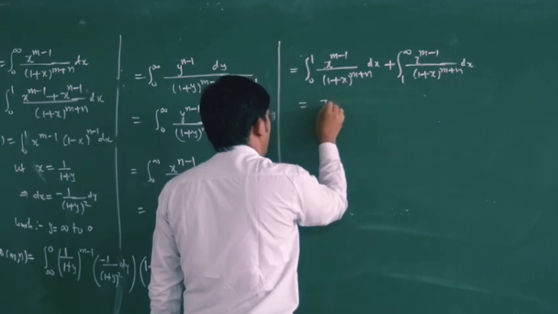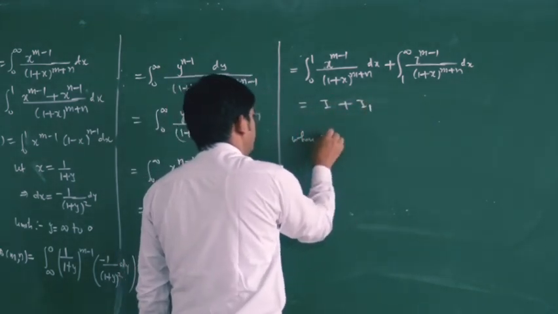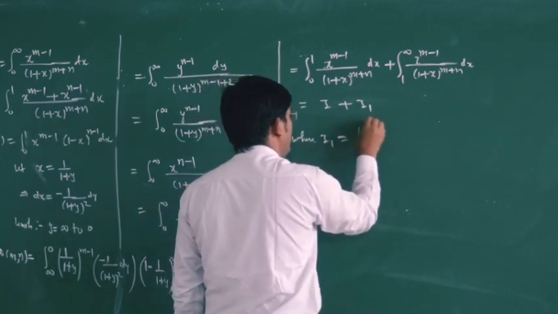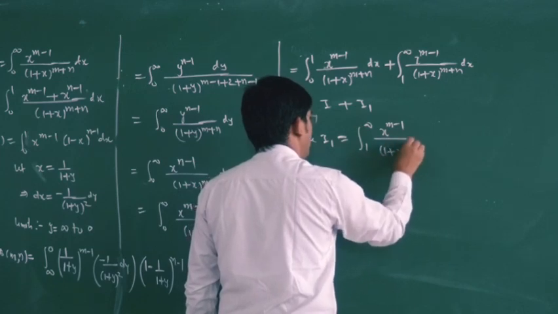Say this is your I, and the second integral is I1, where I1 is integral 1 to infinity, x power m minus 1 upon (1 plus x) power m plus n dx.